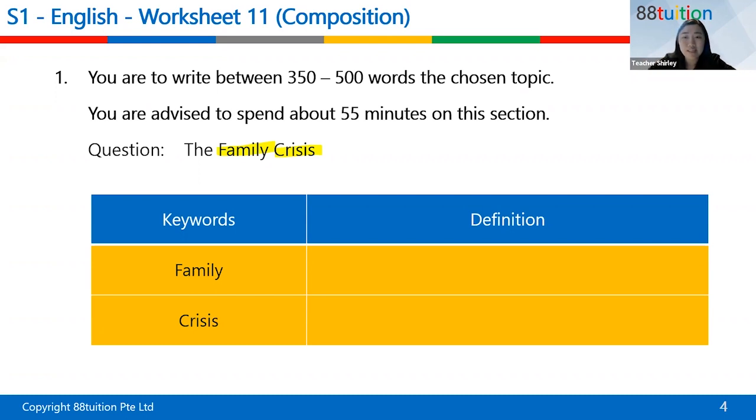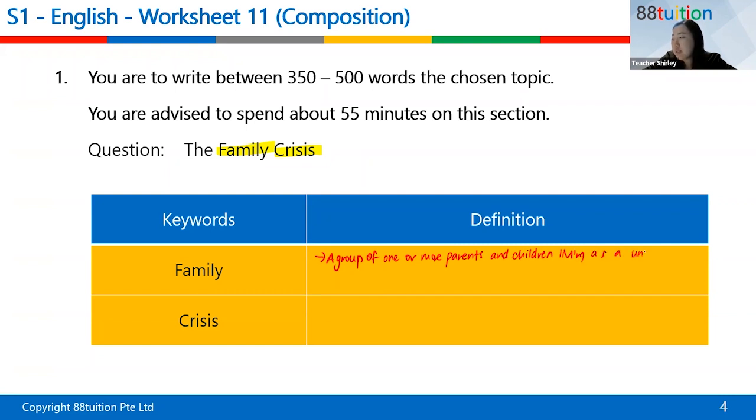Family is, I mean, if you were to really go and look at the definition, it's basically a group of one or more parents and children living as a unit.